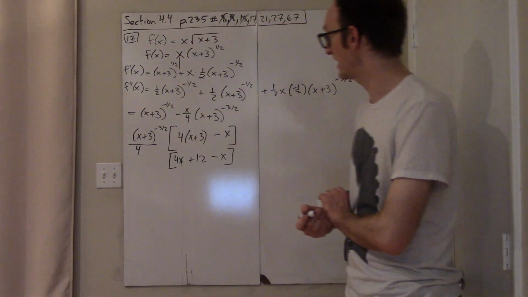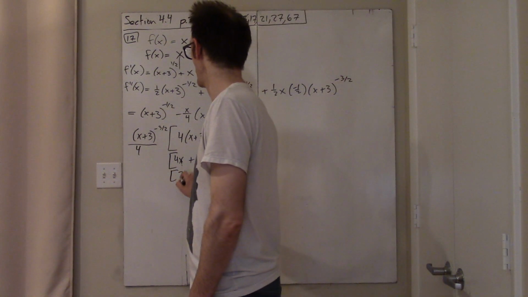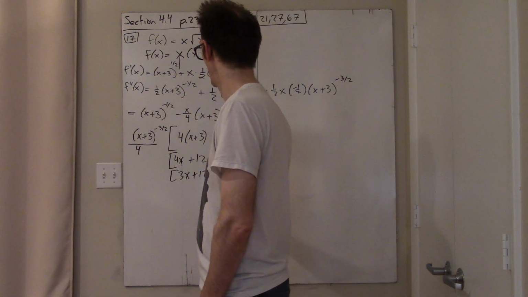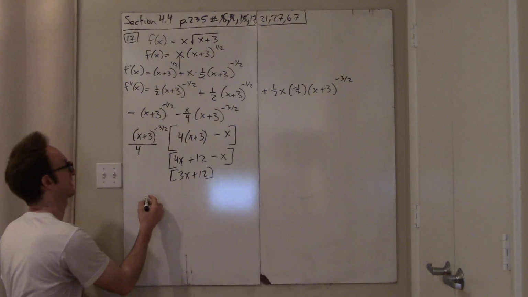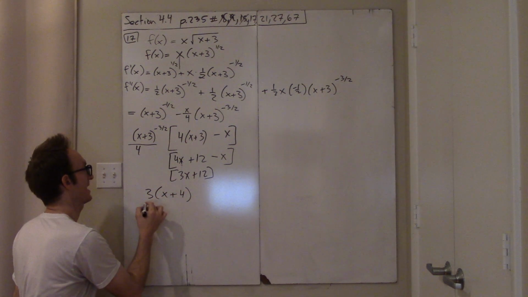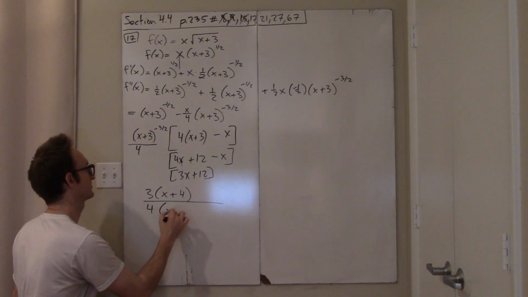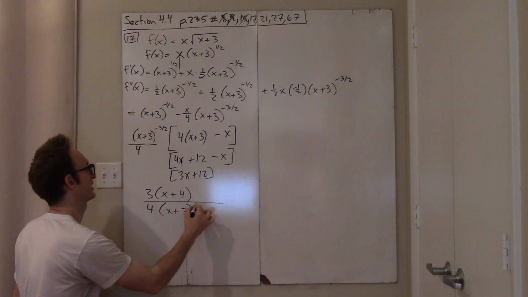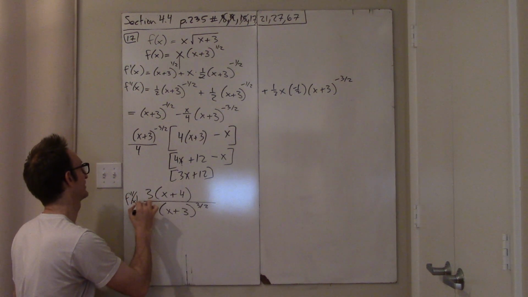In other words, 3x plus 12. In other words, oh man, what happens when all of this gets simplified? We end up with, on the top, 3x plus 4, and on the bottom, 4 times x plus 3 to the 3/2. And that is the second derivative.